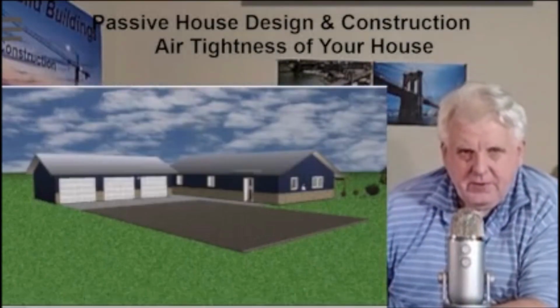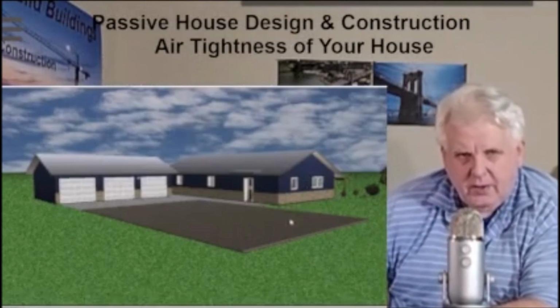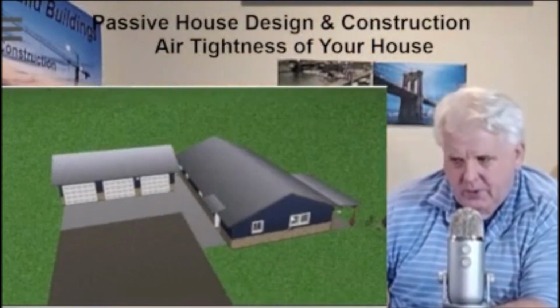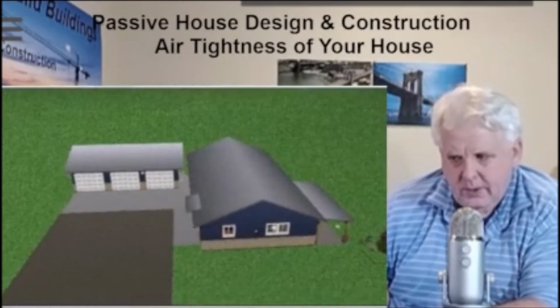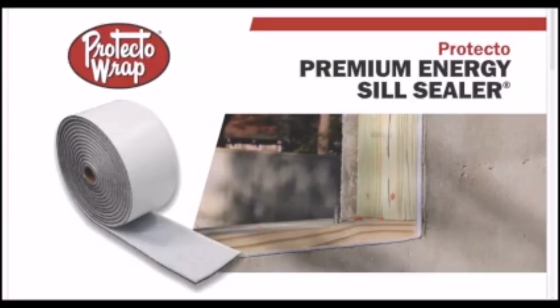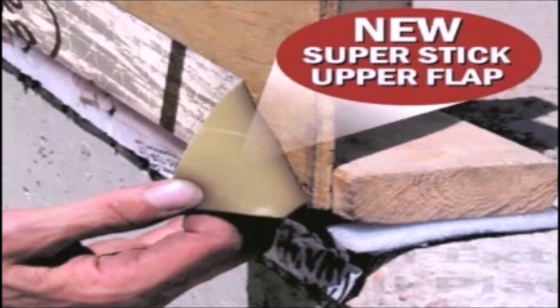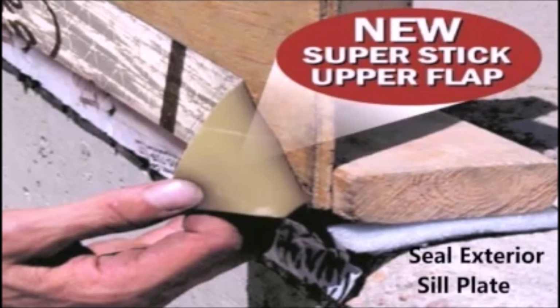Of this passive house design, let's look at the air tightness and what we did for them on this project. You see the 3D rendering here. On all of the exterior walls, we installed a protective wrap premium energy seal sealer, and it goes underneath the 2x6 wall on the exterior.